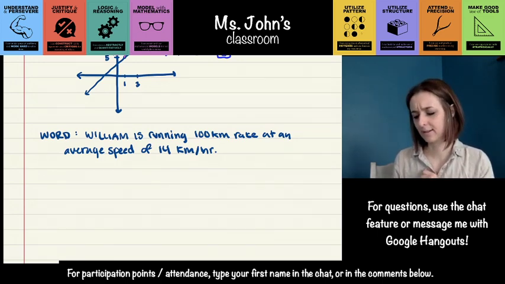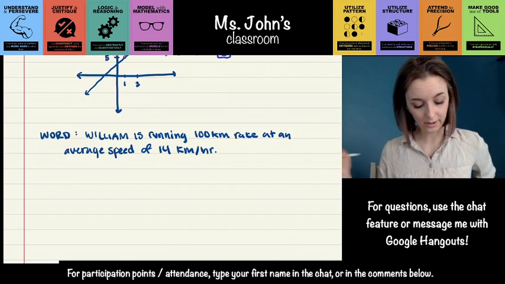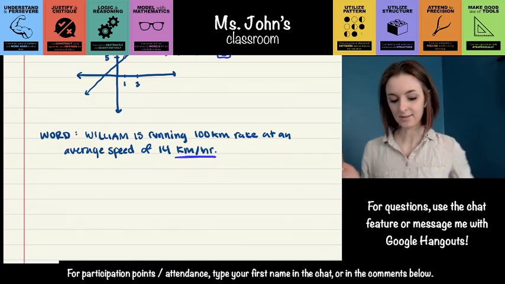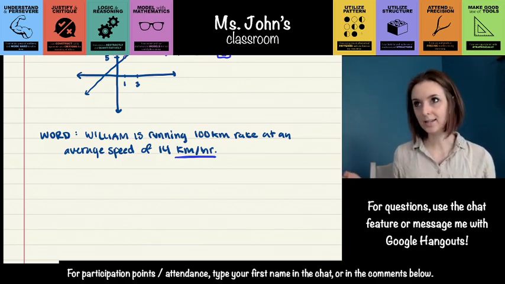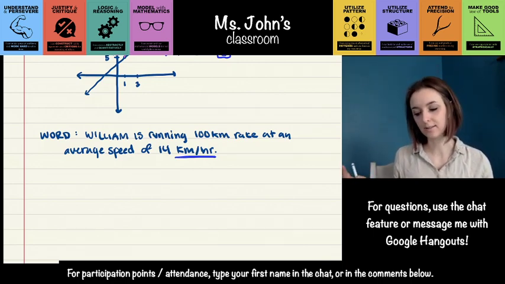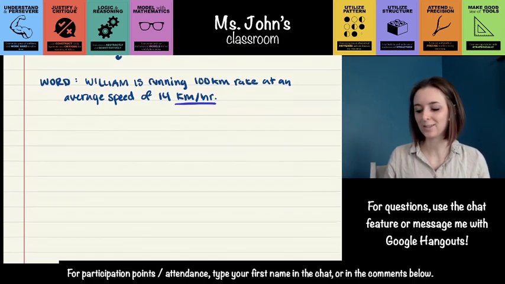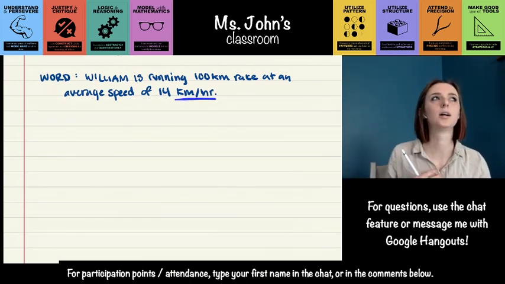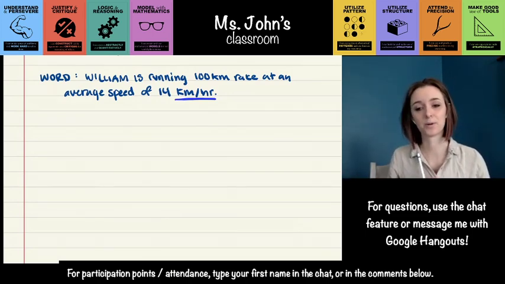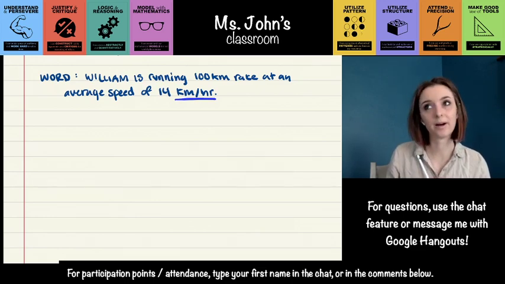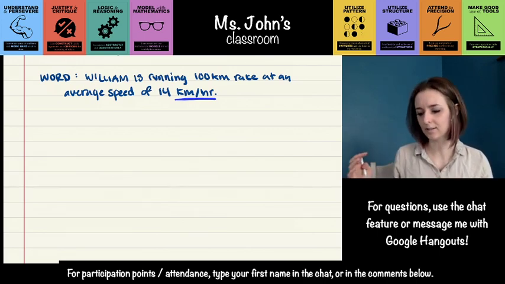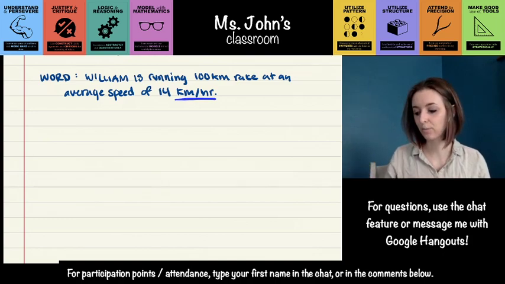So they're giving you kilometers per hour as the speed, and speed is a rate of change. That is the slope. So when you see something like a speed, or anything where you have units like kilometers per hour, inches per minute, miles per hour, cookies per person, anything like that is usually an indication that that is slope.